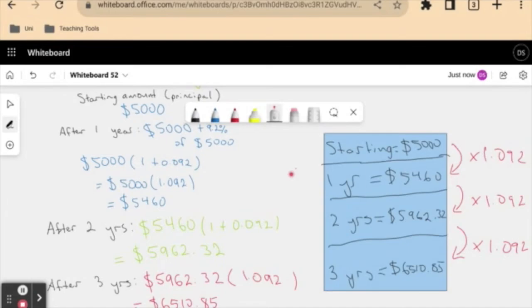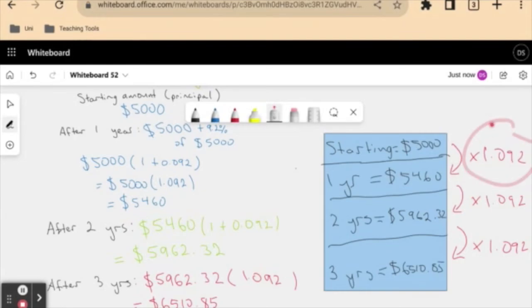Well, for each year, we're multiplying that number of year lots of 1.092. So each time we've taken our principal and multiplied it by a rate increase of this.